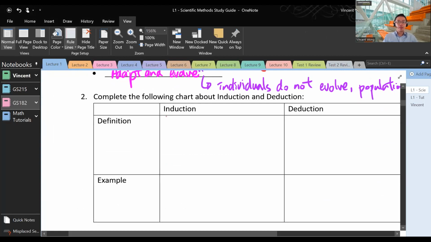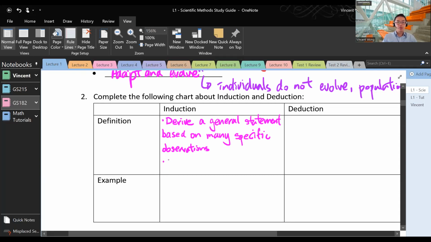So for induction, the definition is basically we derive, which is just a fancy word for coming up with, a general statement based on many specific observations.